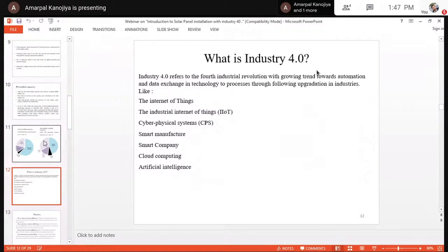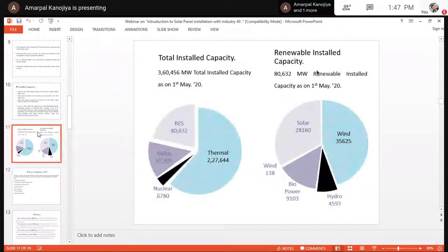Next is, what is Industry 4.0? Industry 4.0 refers to the fourth industrial revolution, with a growing trend towards automation and data exchange in technology to process following upgradation in the industry. What happens in electricity generation?